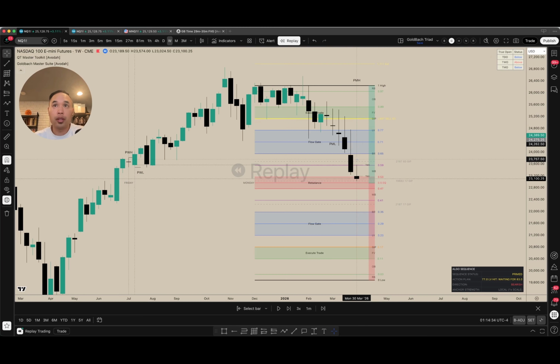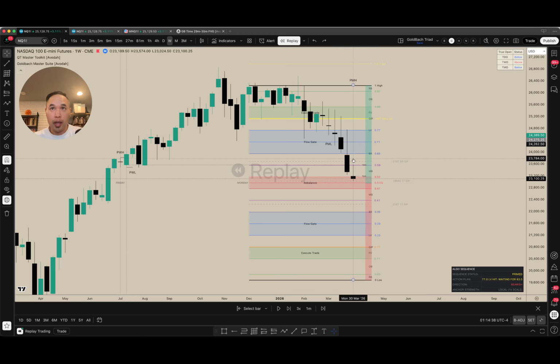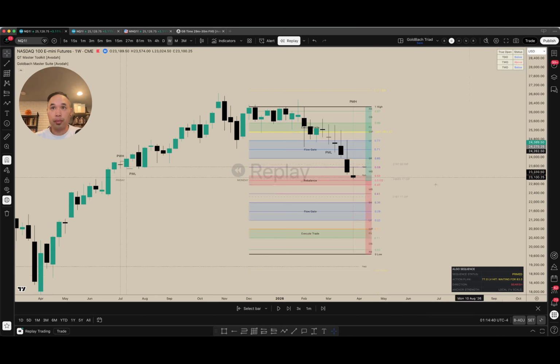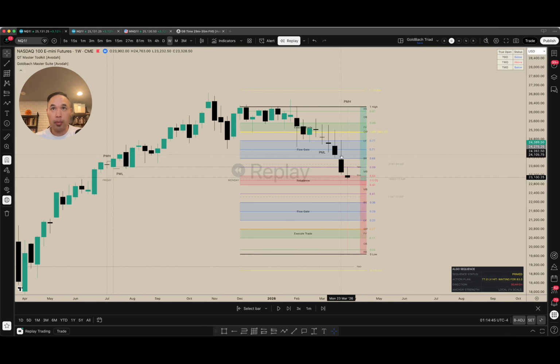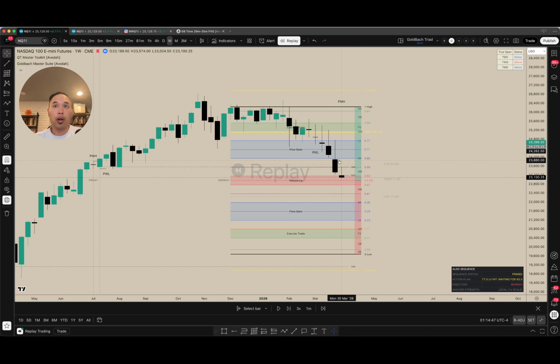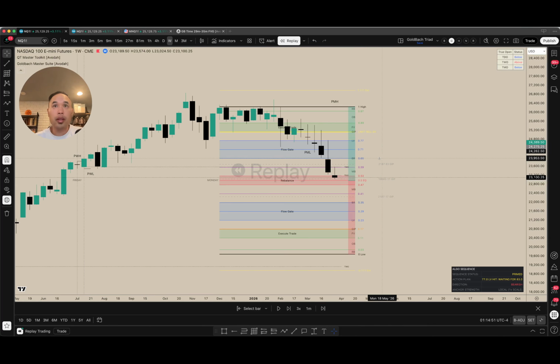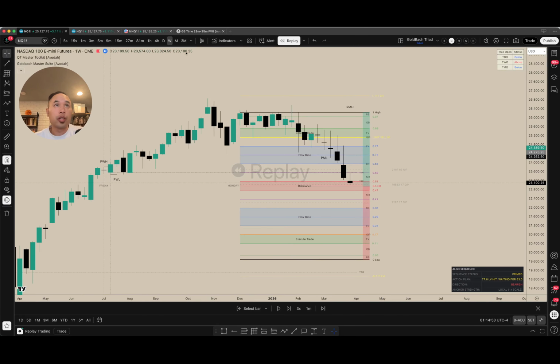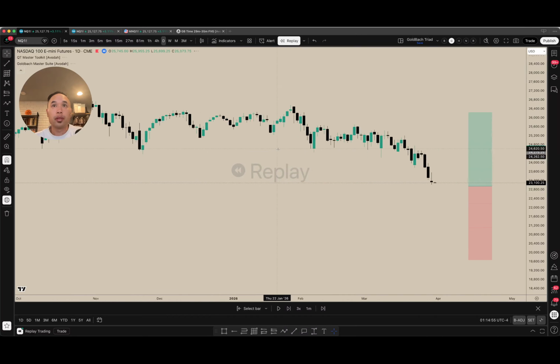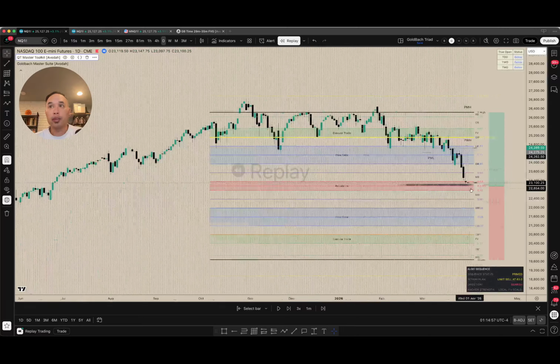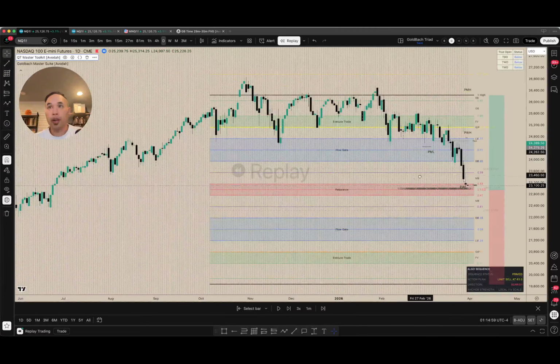If you have two targets, one at 50% and the next at your final target, whether it's external range or whatever you're basing it on, 50% will most likely always get hit. So within this framework, we're expecting price to deliver down and hit at least 50%, which is what we're doing right now with current price action.